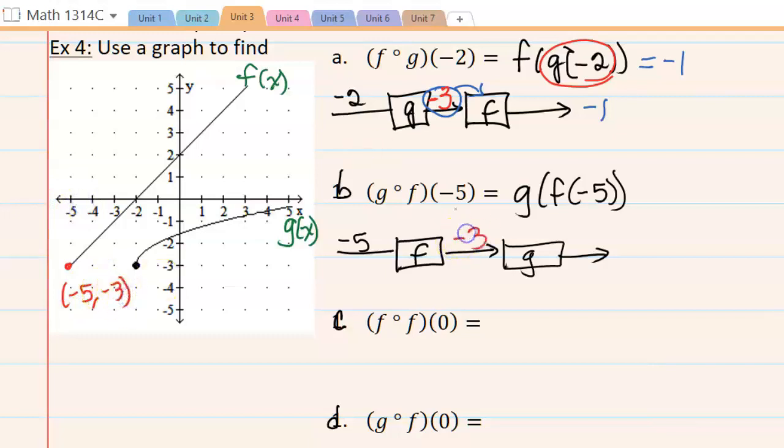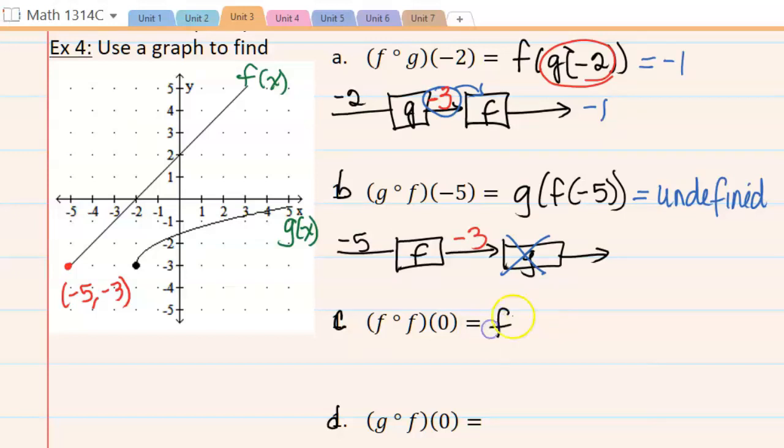Looking at the graph of g, we are looking for the point on the graph of g that has the x value of negative 3. From the graph's domain, we see that negative 3 is not part of the domain, so we cannot find g of negative 3. So we say that g of negative 3 is undefined, and therefore g of f of negative 5 is undefined.